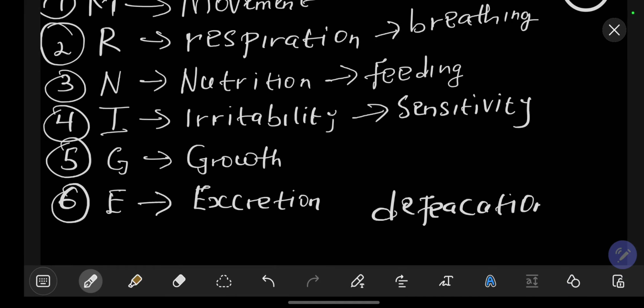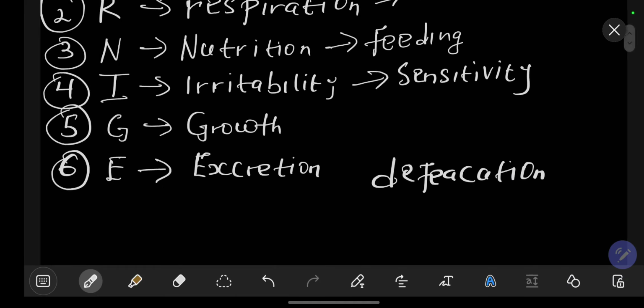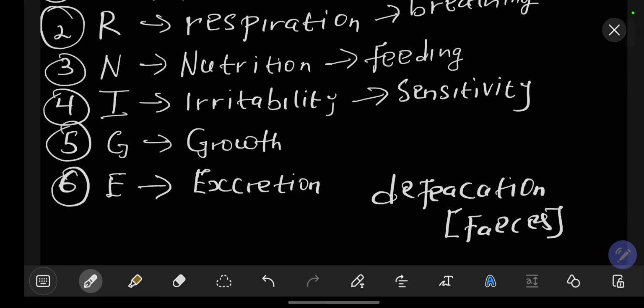Defecation is different. Defecation simply means you are removing feces, that is poop. So it has nothing to do with excretion. Excretion means you're removing waste products like sweat, like saliva, like urine. So that is what excretion means.